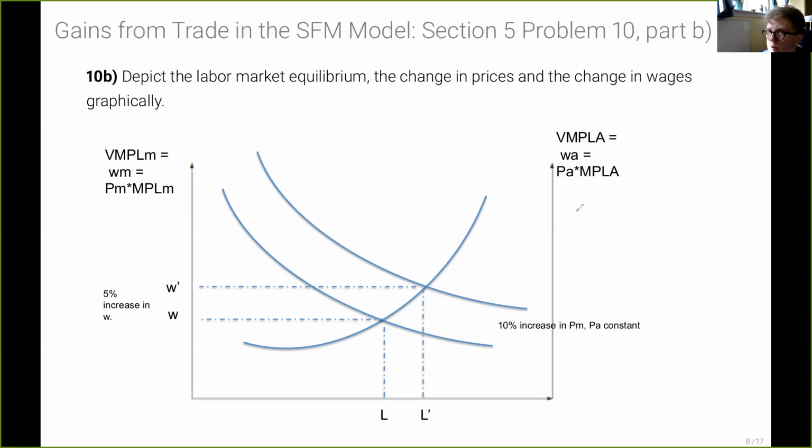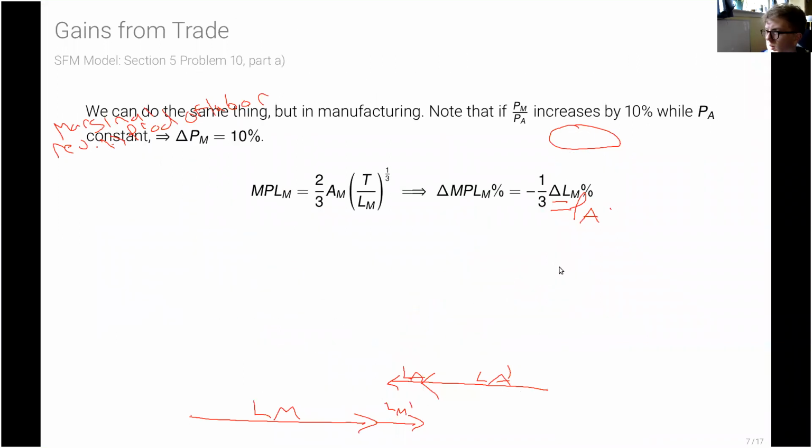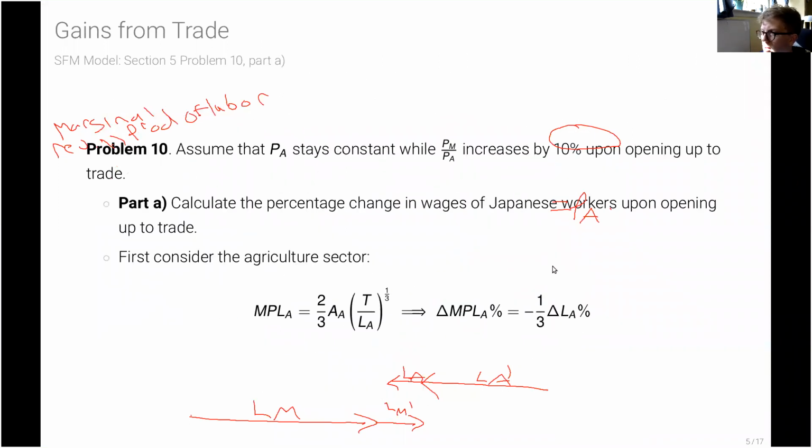Well, just going back to what we had, we can note that MPLA is equal to 2/3 times AA times T over LA to the 1/3.